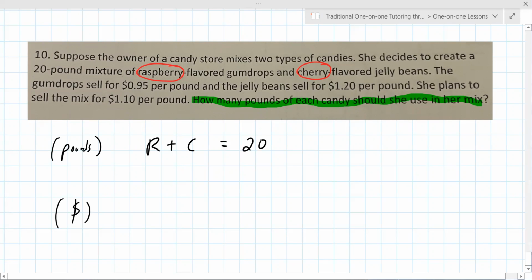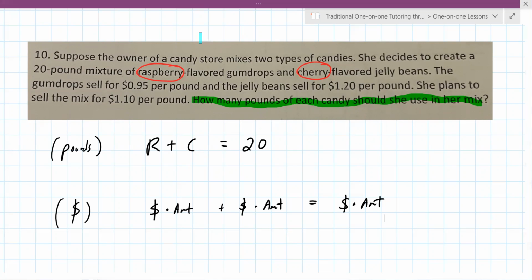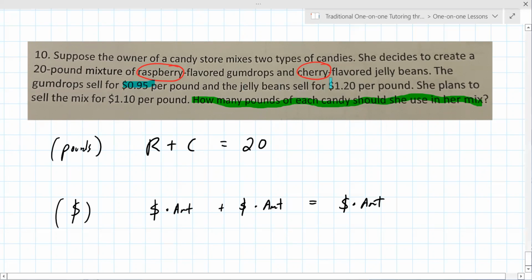Okay. All right. So the money equation has a certain format. It's dollars times amount plus dollars times amount equals dollars times amount. Notice there are, and I'm going to highlight these, there are 95 cents, 1.20, and 1.10.